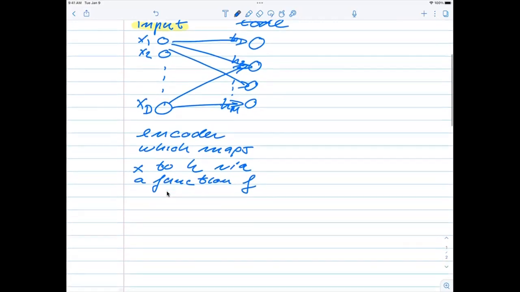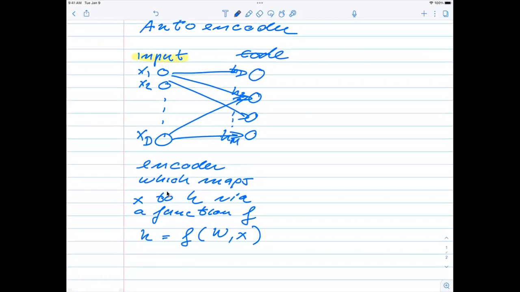This function f is typically given by some kind of nonlinear behavior of the input x and some weights w. So w plays the role of the parameters which we want to tune here. So this is the encoder part.